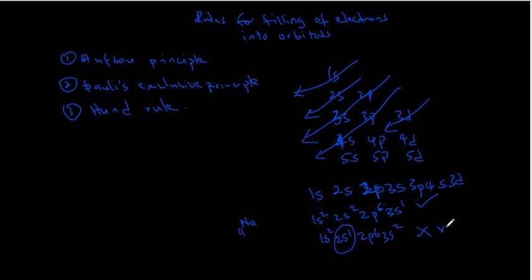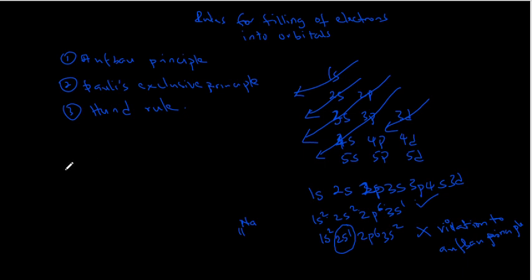This is a violation of the Aufbau principle, because it is disobeying it. According to the Aufbau principle, before you move to the next orbital, you must fill the lower orbital first before you move up to the next orbital. I believe that makes sense. So that is it for the Aufbau principle.